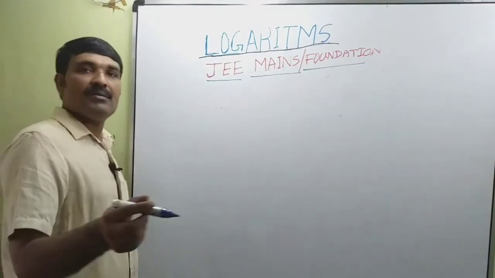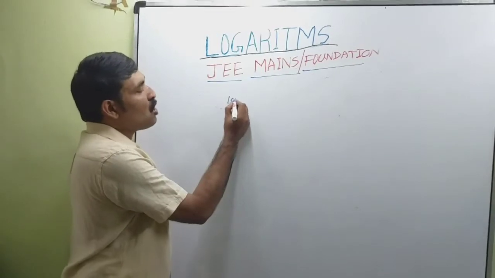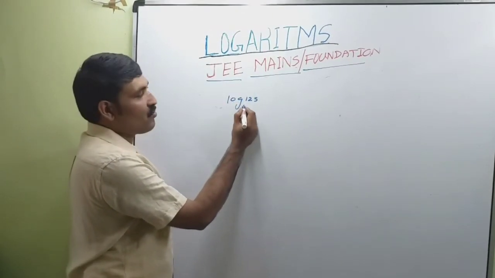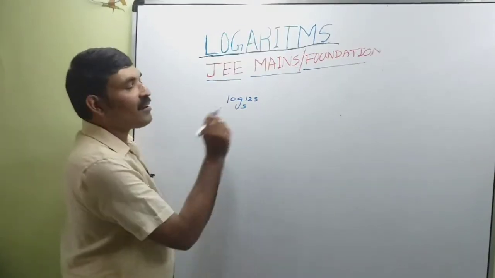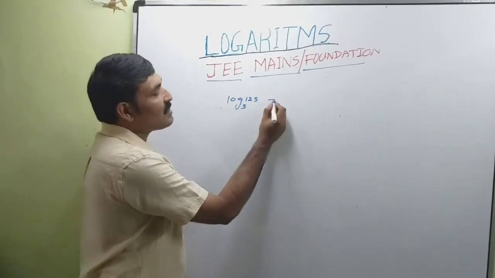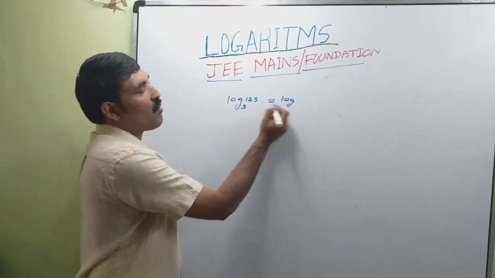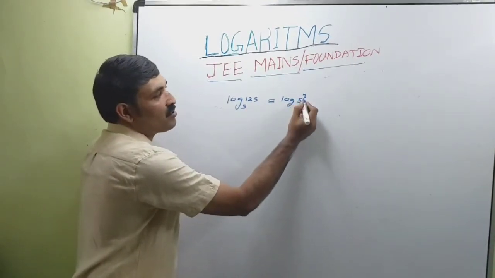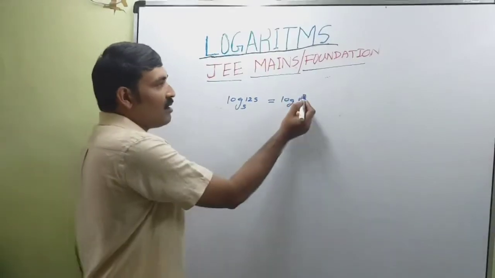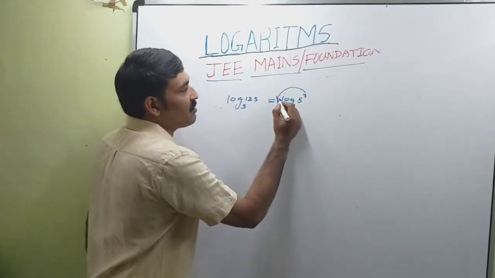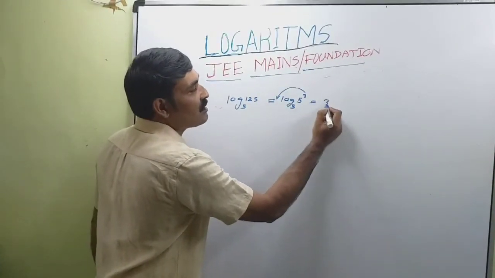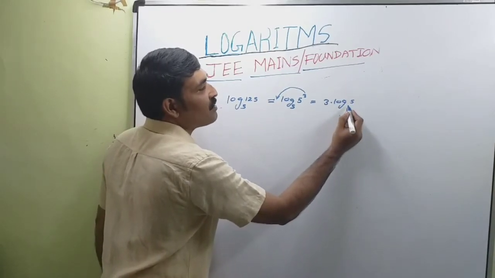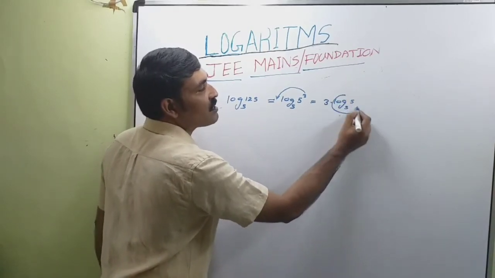Okay. Now consider log 125 to the base 5. We can write directly that 125 can be written as 5 cube, to the base 5. Now the 3 jumps to the front. So this is equal to 3 into log 5 to the base 5. This value is equal to 1.